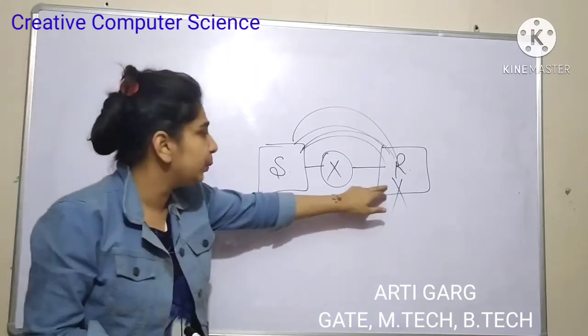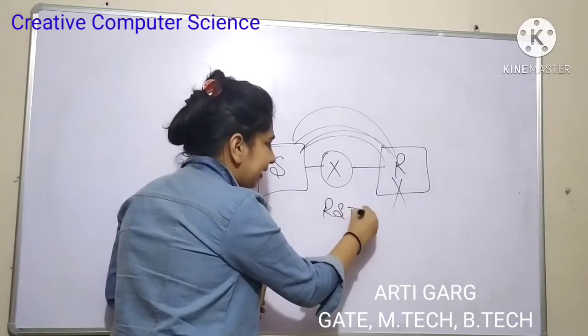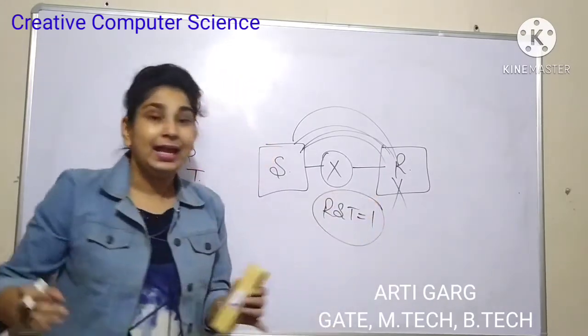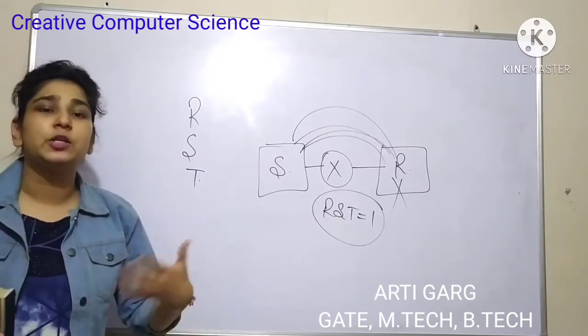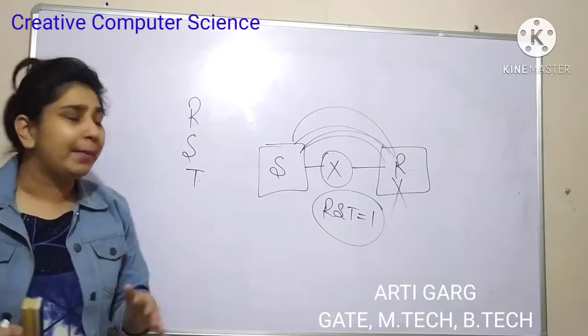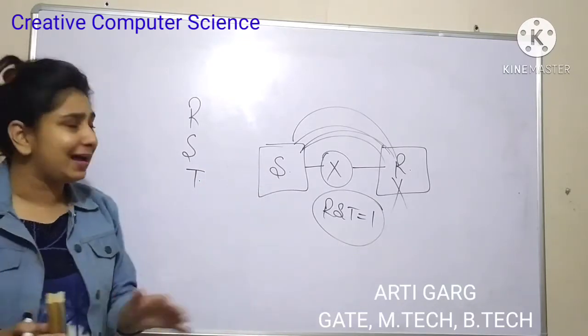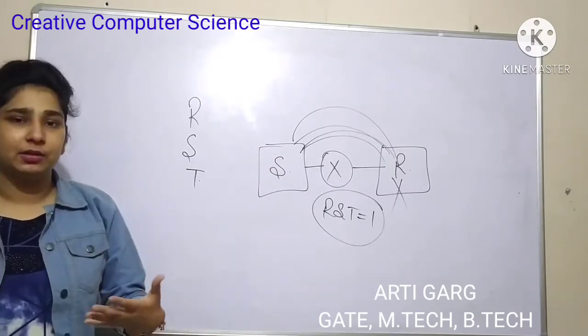So what will the receiver say to the sender? Reset. It will send reset. What does reset mean? It means let's establish a new connection. They release the past connection and make one new connection.